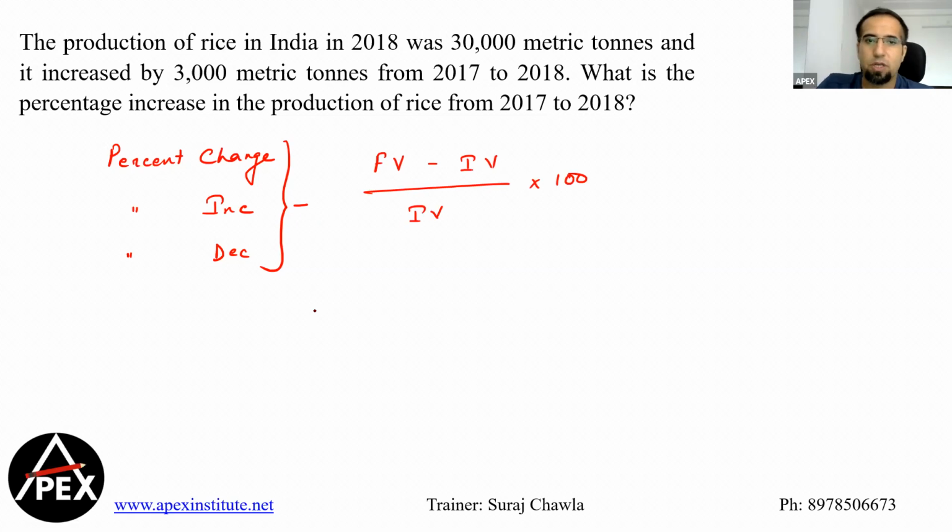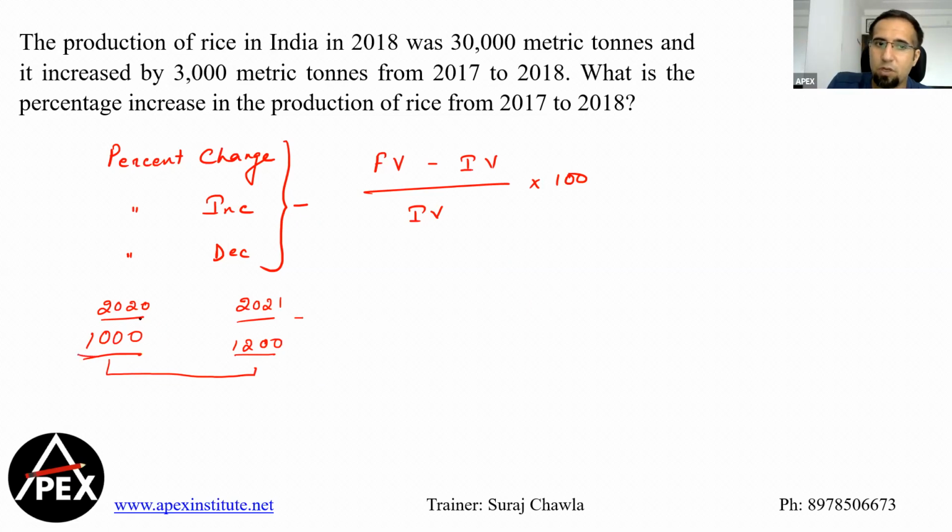Clear, guys? So suppose there were, let's say, 1,000 students in your college last year, let's say 2020. And let's say in 2021, the number of students became 1,200. So I'm asking you to find the percentage change in the population. It was 1,000 and it became 1,200.